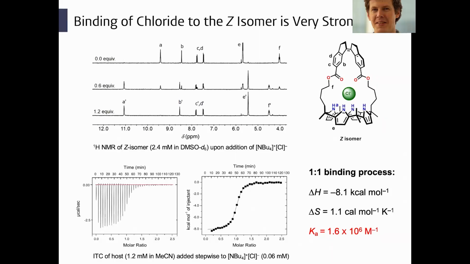So that means that the exchange between bound and unbound species, it's slow on the NMR timescale, but then upon adding one equivalent, it's already fully saturated. So all the chloride is bound. Therefore, we determined binding constant by ITC titrations. And you see that the binding, it's quite large and very similar to the binding affinity that was previously reported for the systems that were developed and reported by the group of Sessler.